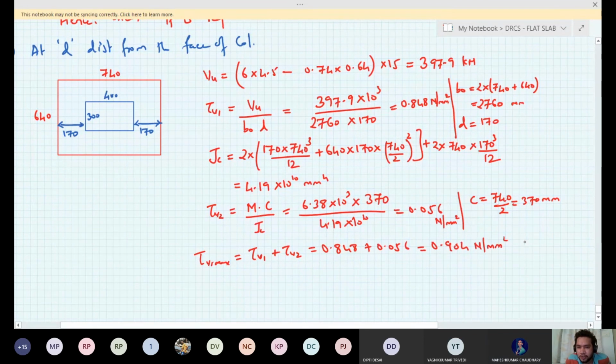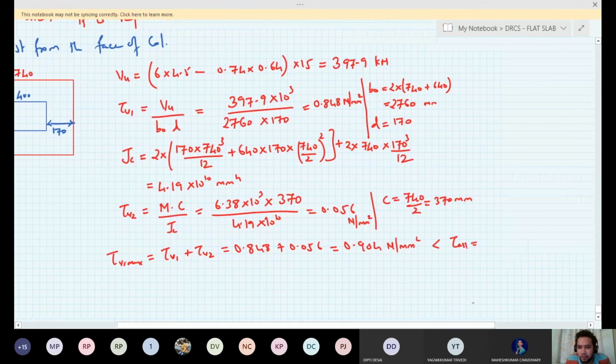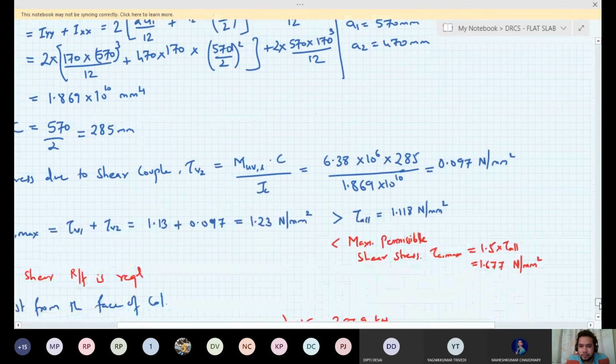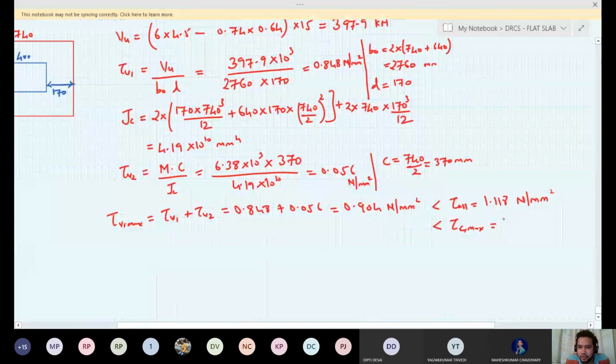Okay, so this value is now less than tau allowable. The tau allowable was 1.118 Newton per mm square. So here at section d, at d distance from the face of the column, the value of the shear stress is less than the allowable shear stress, and also less than tau c max, which is 1.67.